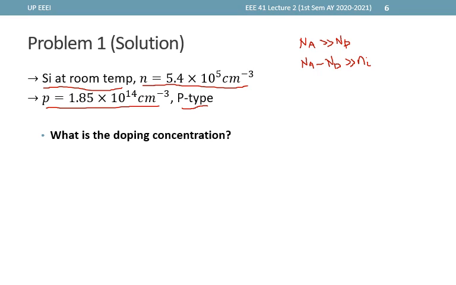So unless otherwise specified, we can assume that there is only one type of dopant. In this case, since we've already established that the material is p-type, we can assume that Nd is simply 0. So next we ask, is Na much greater than 0?